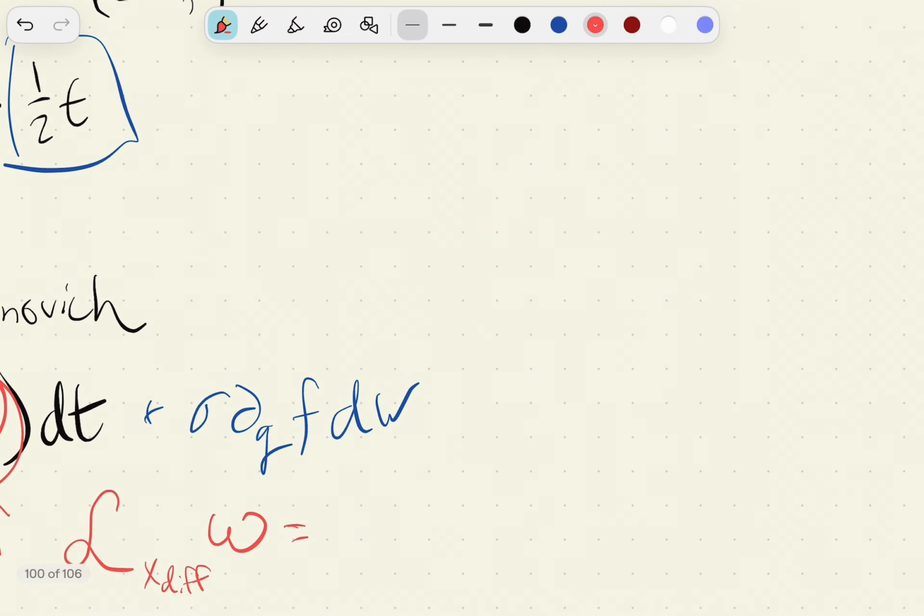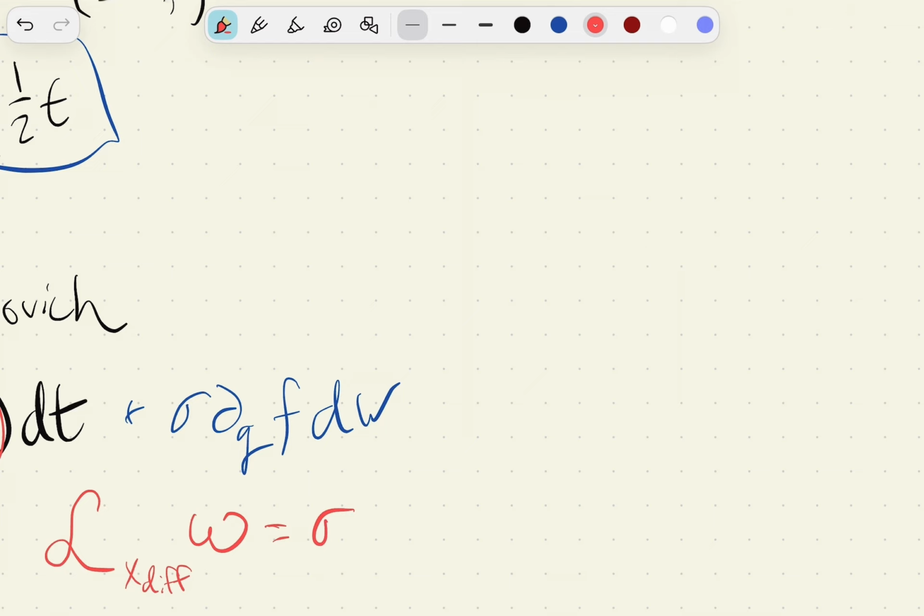Now, this would give us the diffusion along the vector field. I'm not going to prove this, but it will drag in this extra sigma, making dq wedge dp not equivalent to 0.